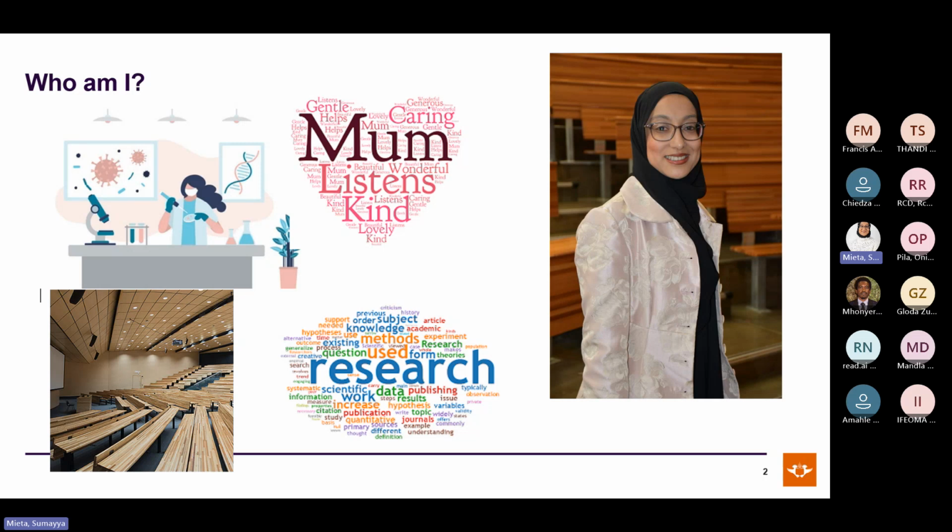Along with that, I'm also a mom to two very energetic boys. And at the same time, I wear the cap of an academic, focusing on research, as well as a lecturer teaching in the Department of Biomedical Sciences. So that's a bit about me, and I look forward to today's session for us to be able to engage and discuss.